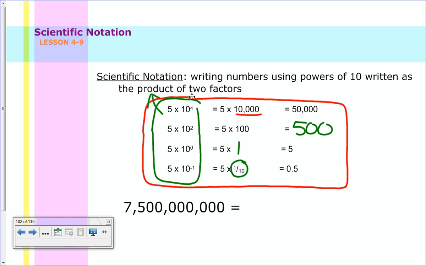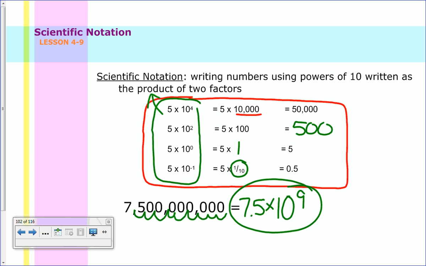All right, so really we could write this one now. 7,500,000 is really the same thing as 7.5 times 10 to the, well, let's see, 1, 2, 3, 4, 5, 6, 7, 8, 9 to the positive 9th power. That's how you'd write it as an exponent. Because again, you could divide this number by 100 million, and that's what you'd get. You'd get 7.5.